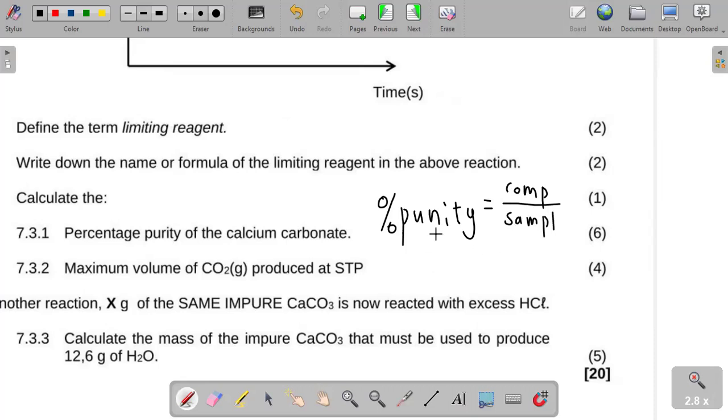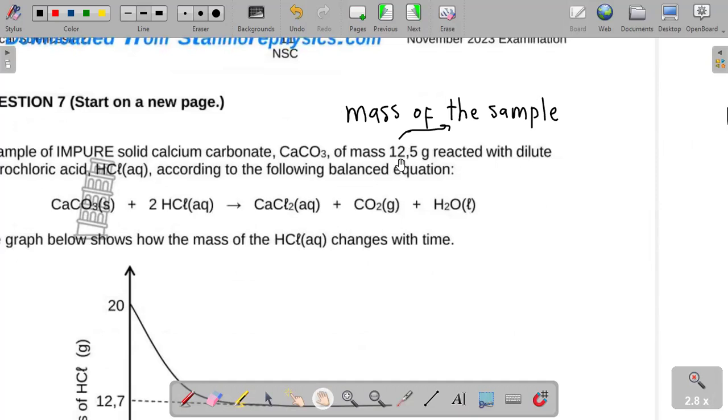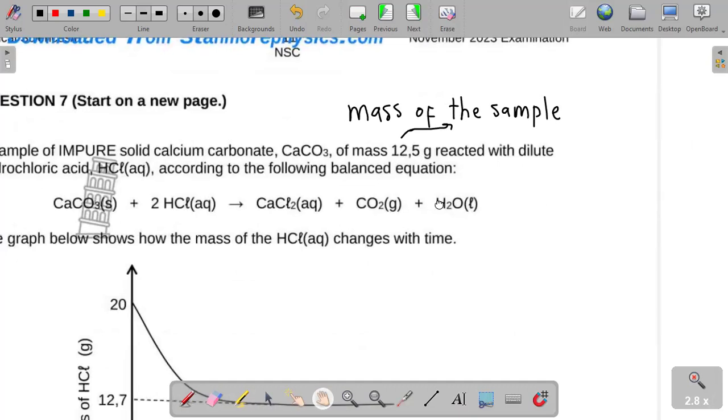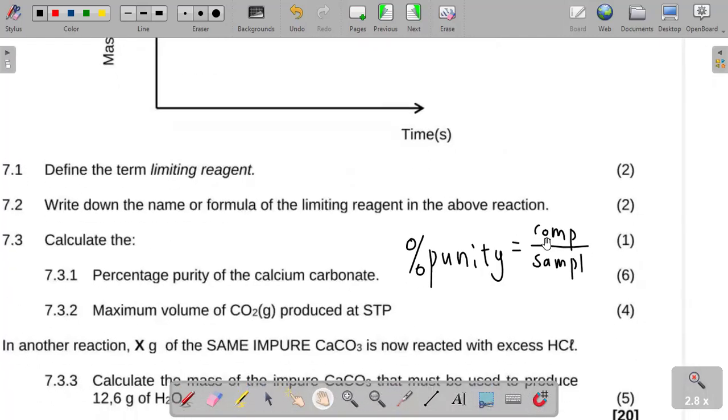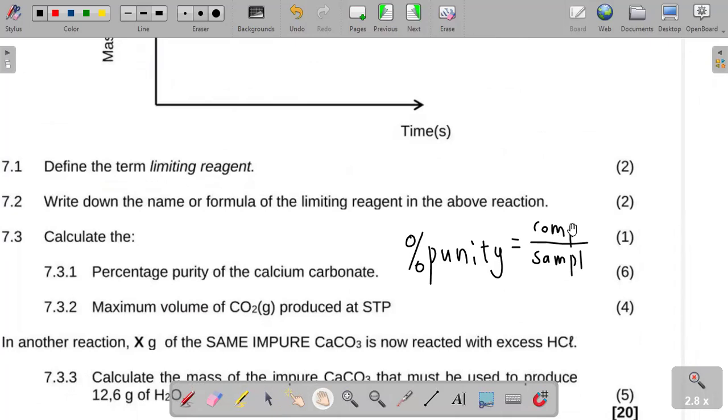So what we have to find here is the mass of the compound. We don't have that. The process that we're doing here is helping us to find the mass of the compound. We have the mass of the sample, which is 12.5, because they told us that a sample of impure solid calcium carbonate of mass 12.5. So we have the mass of the sample, but we don't have the mass of the actual compound.